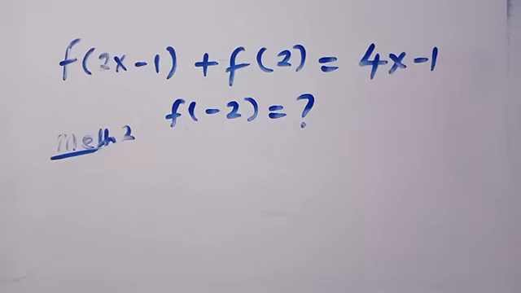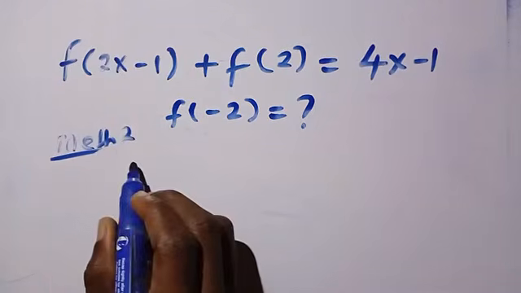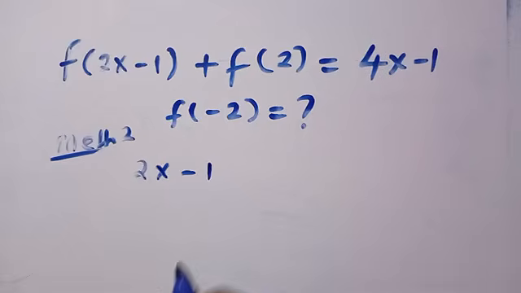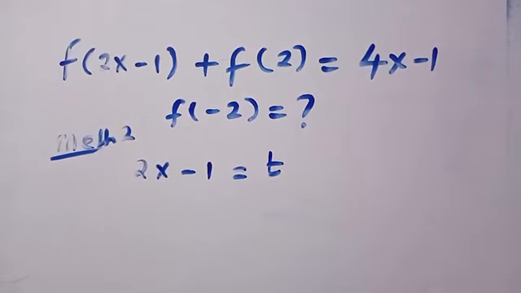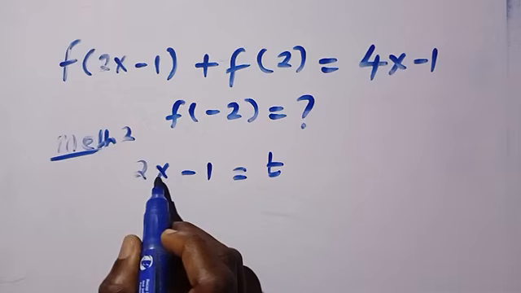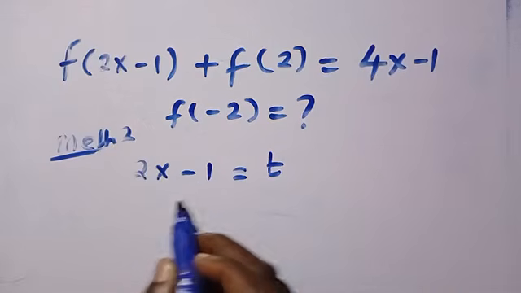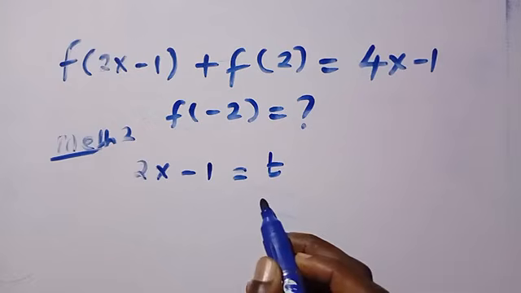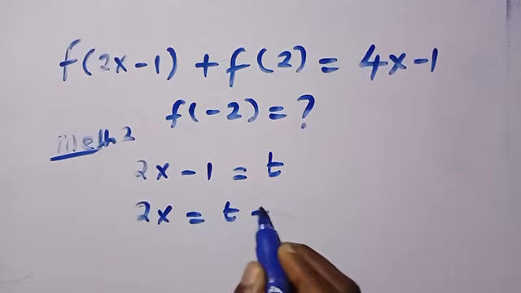In this second method, we are going to apply the substitution method to solve this. Assume from the first one here, which is 2x minus 1, I let this one equal t. We are trying to make x the subject of the formula. We add 1 to both sides. We have 2x equals t plus 1.